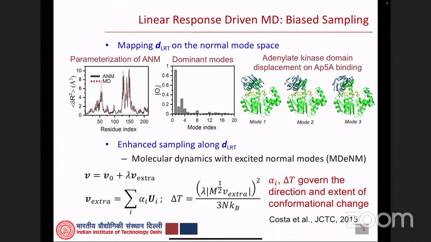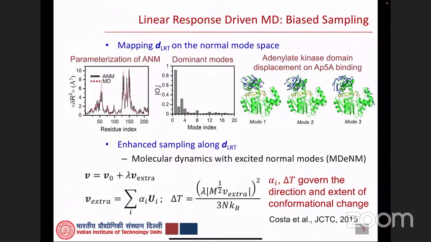The second part we add is that we are going to find the normal modes, and essentially map the response direction on the normal mode space. We first parameterize an anisotropic network model, and for simplicity we take all spring constants as equal. This is a well-established method that has been used a lot.